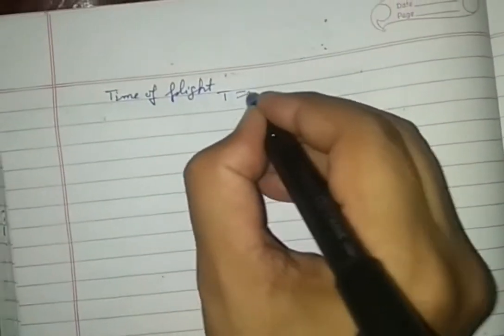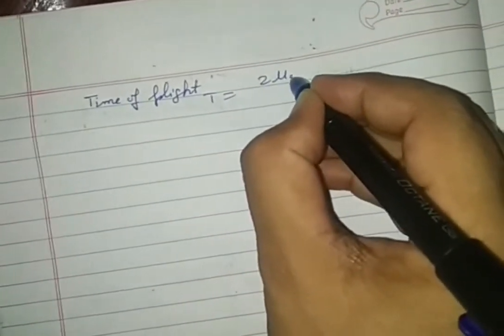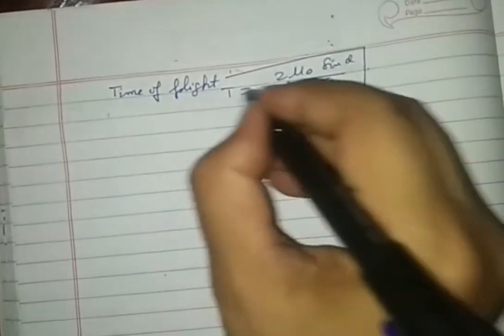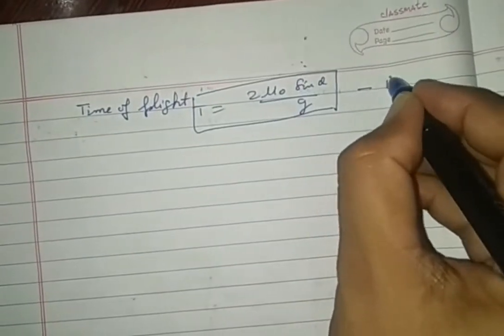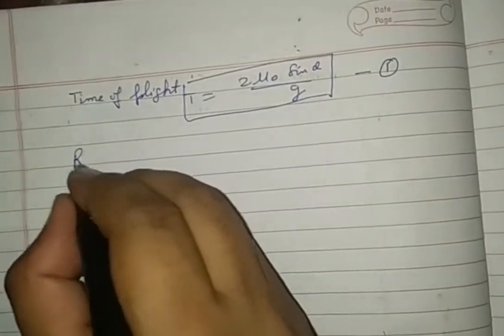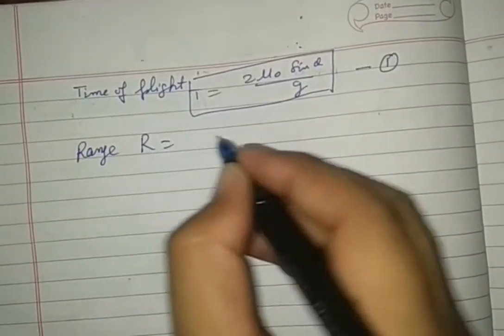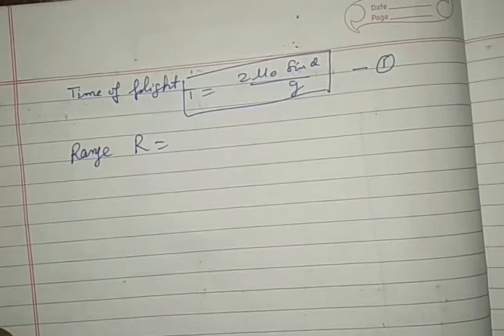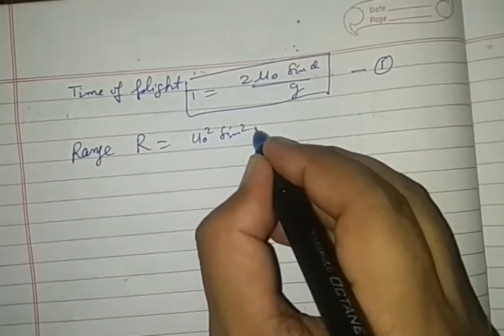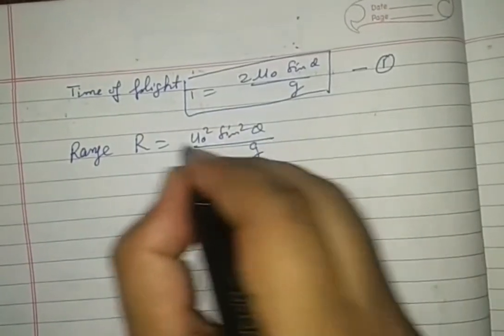One, time of flight, capital T is equal to 2 u naught sin theta by g. Second, range, capital R, this is equal to u naught square sin 2 theta by g.